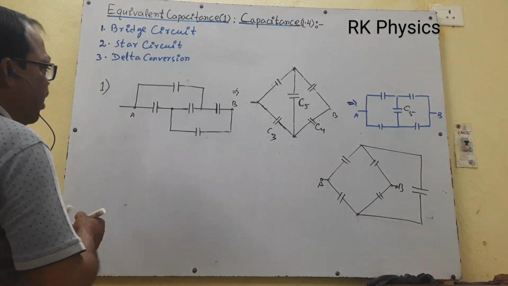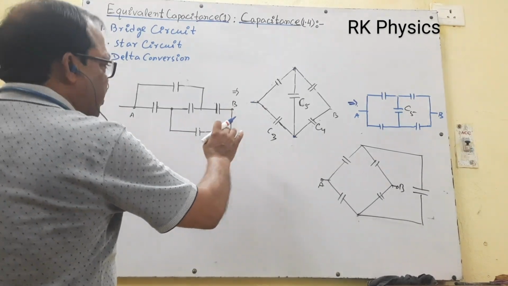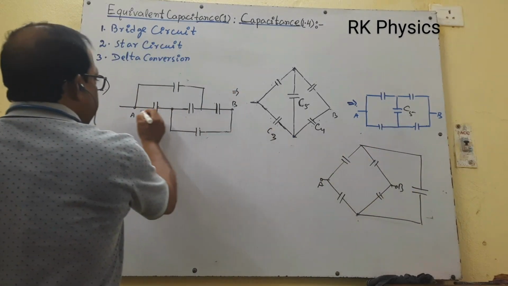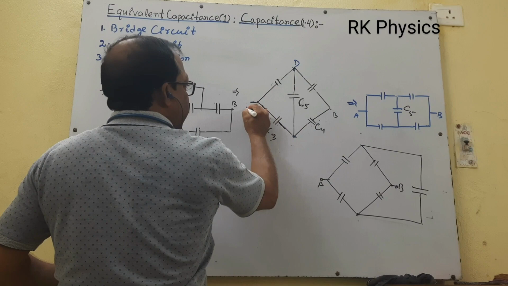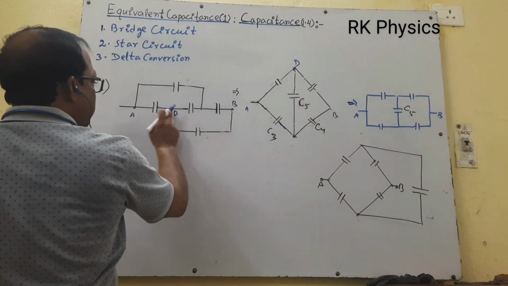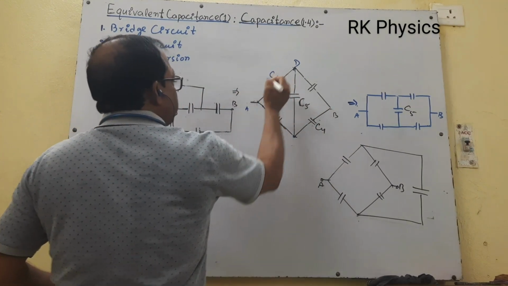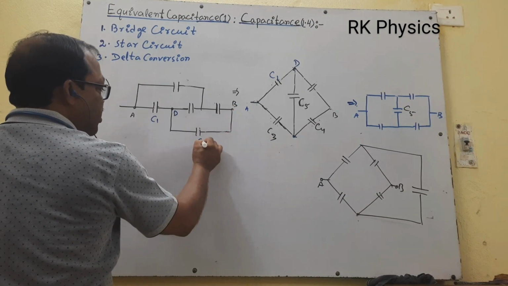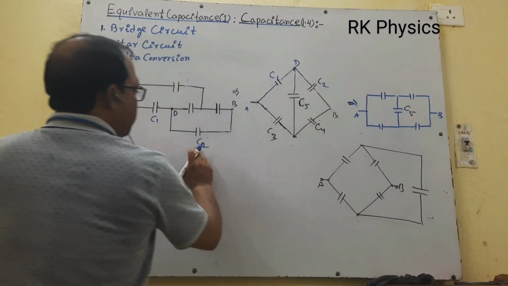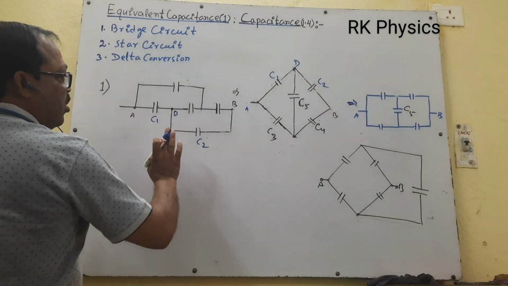Now just arrange this. This is A, this is B. From A to D there is a capacitor, then from B to D there is another capacitor. I am calling them C1 and C2.